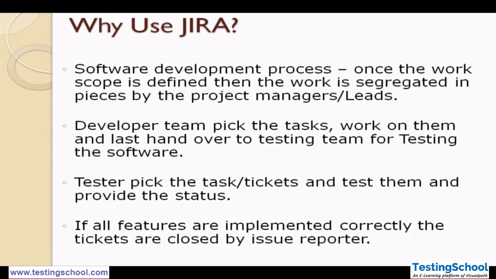So if all the features are implemented correctly, then I, or the tester, can close that ticket according to the status. So this is why Jira is needed by the testing team.